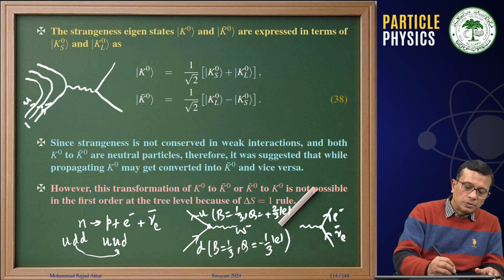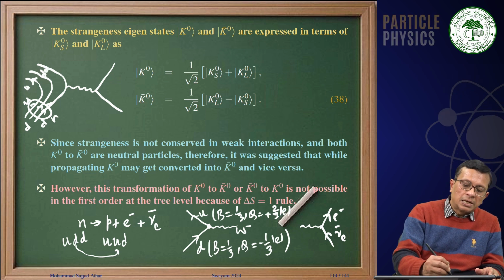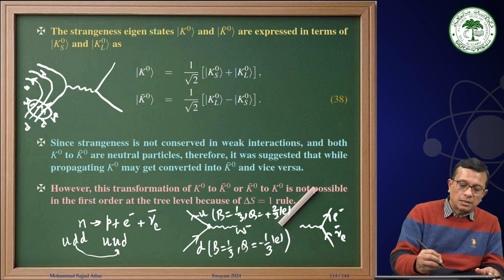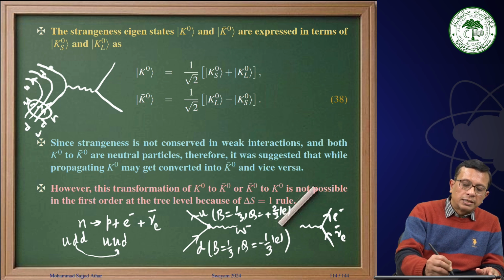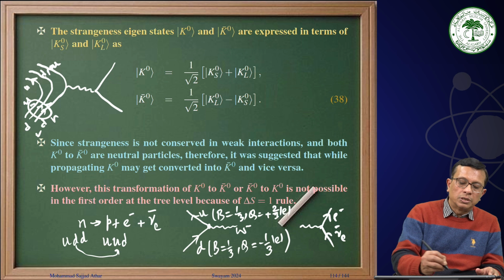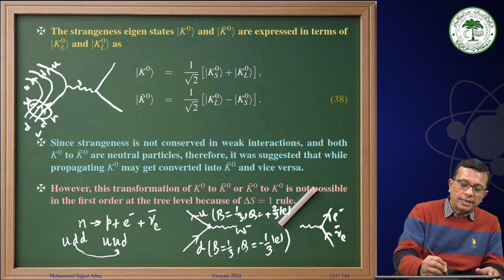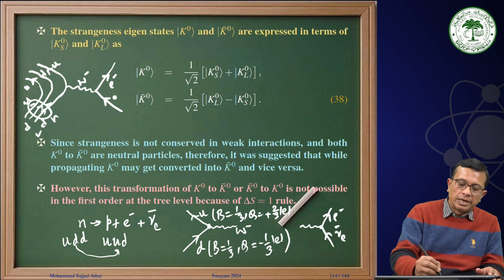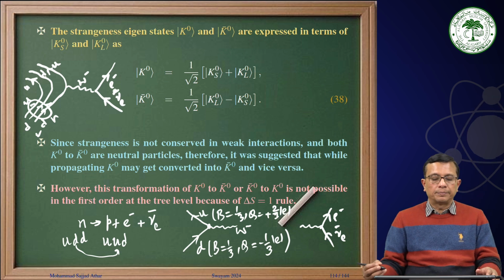This is u d d, a neutron, getting converted into u, which remains u, d remains d, and the other d is getting converted into u. Therefore, you have u d u, and this is emitting a W minus, which gives rise to e minus and nu e bar.